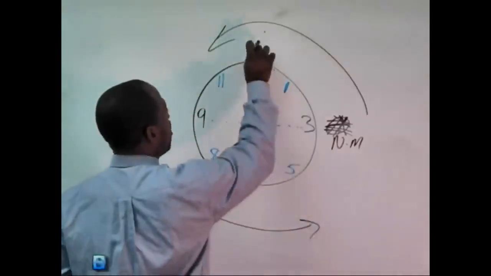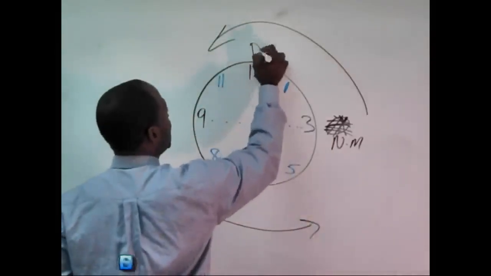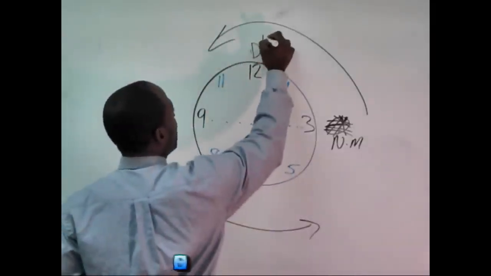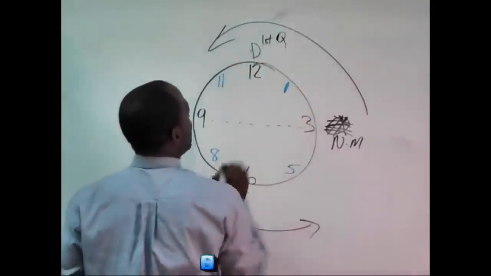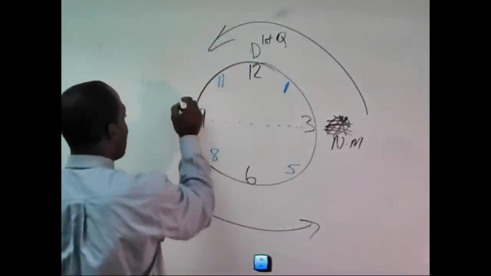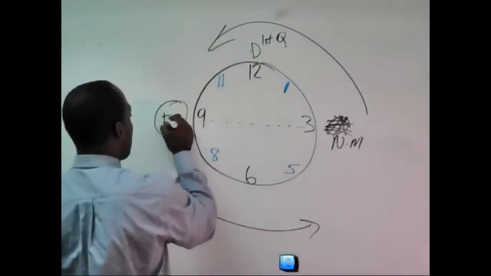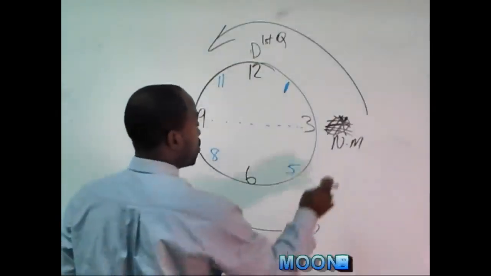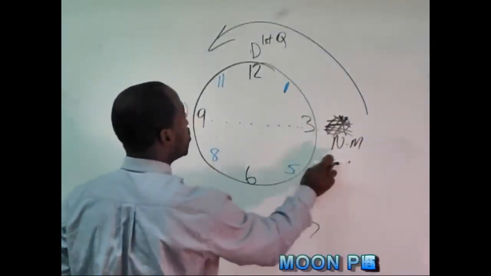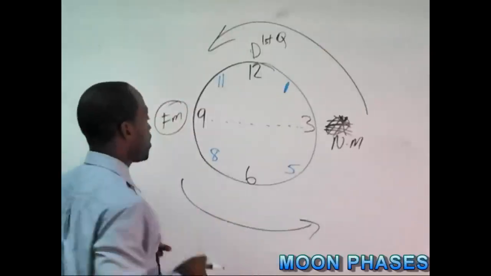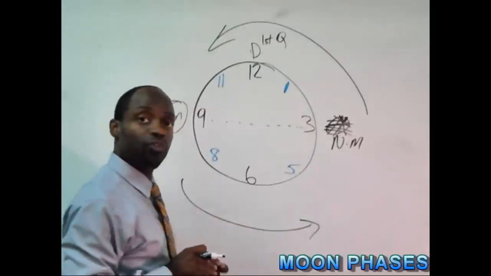At 12 o'clock, I'm going to put a D. It looks like a D, but it's the first quarter, so we're just going to write first Q. Then I'm going to move to 9 o'clock, where I want to have a full moon. So I'm going to write FM, like I'm playing an FM stereo. So let's review. 3 o'clock is new moon, 12 o'clock is first quarter, and 9 o'clock is full moon.